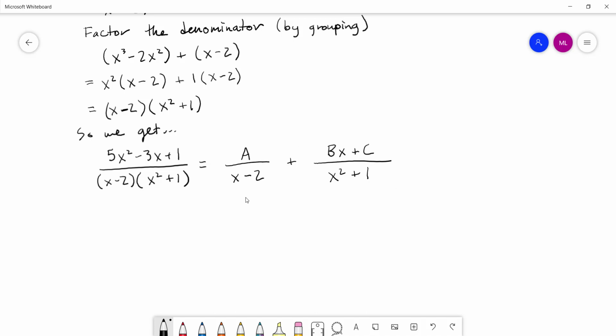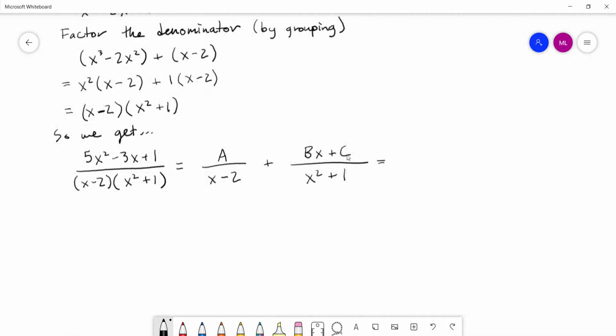So now we would find a common denominator over here and use that to try to get an equivalent form. So basically, if I found a common denominator here, what would it look like? I would need to multiply this term by this denominator top and bottom, and I'd need to multiply this whole thing by this denominator top and bottom.